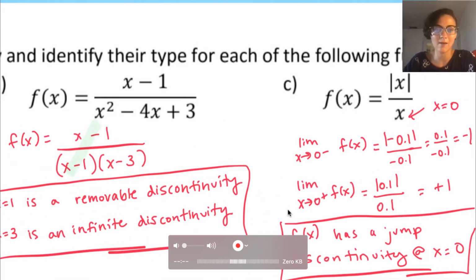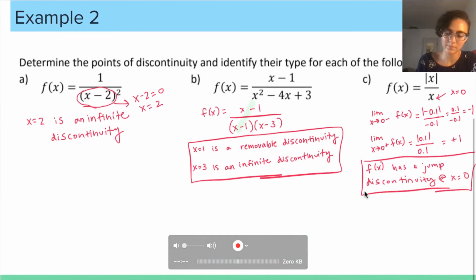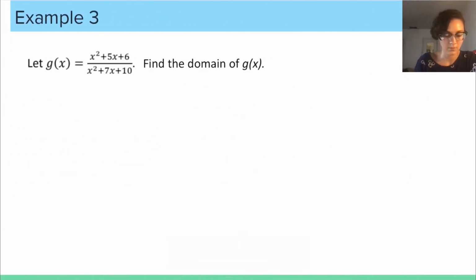Alright, and then we have one more example here. So we have this function g of x, and we're supposed to find the domain of g.